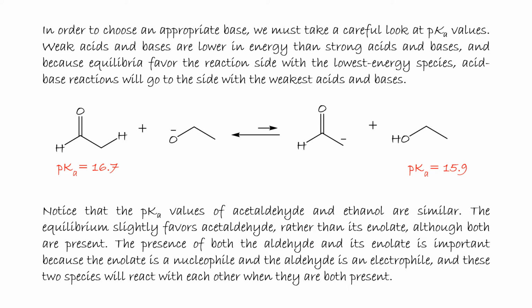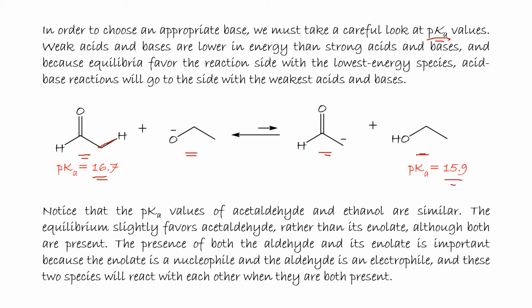In order to choose an appropriate base, we must take a careful look at the pKa values. Reaction of acetaldehyde with ethoxide gives the conjugate base here and ethanol. This acidic hydrogen has pKa 16.7, while ethanol is 15.9.